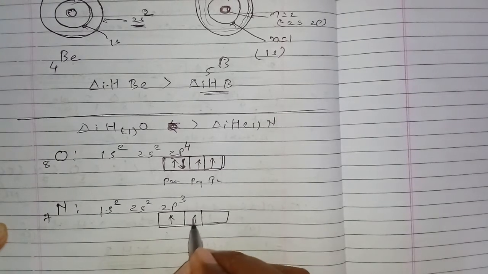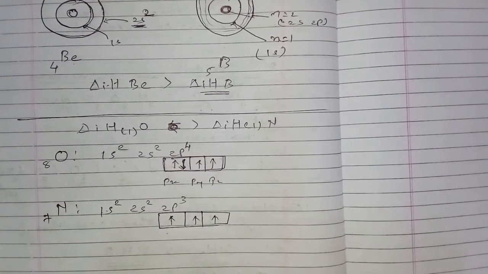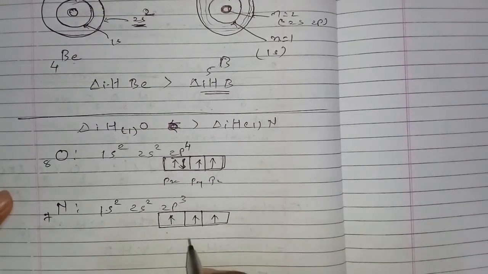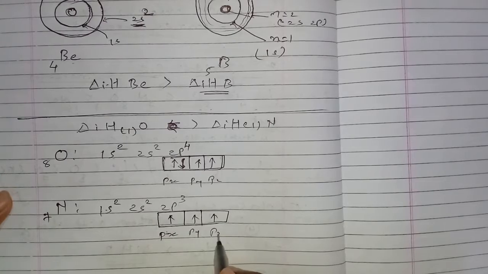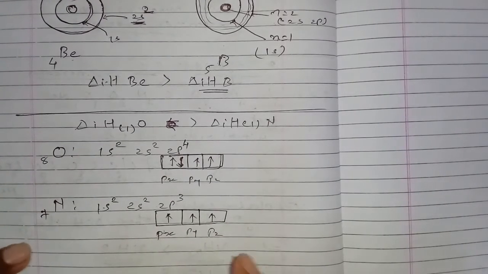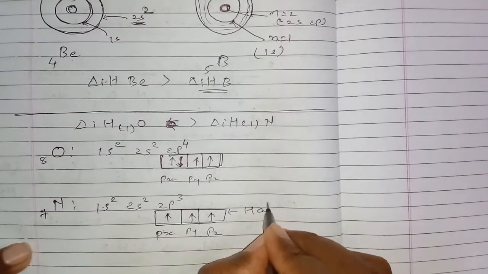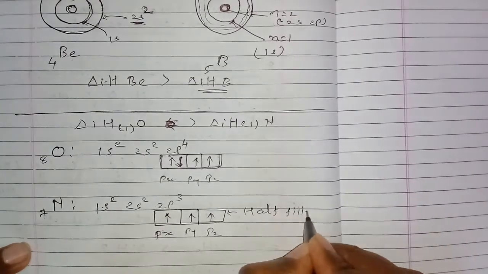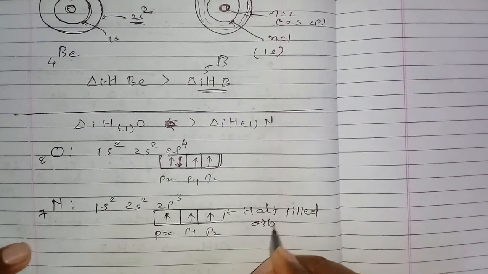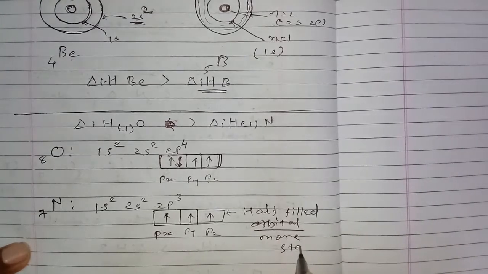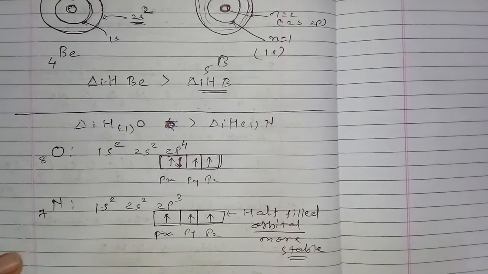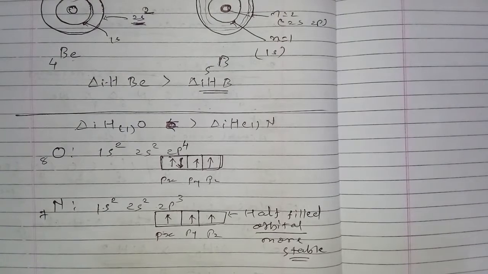There are 3 single or unpaired electrons in px, py and pz orbital, and it is a half filled orbital, and half filled orbital is more stable.